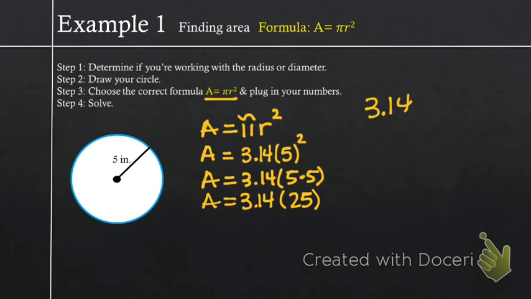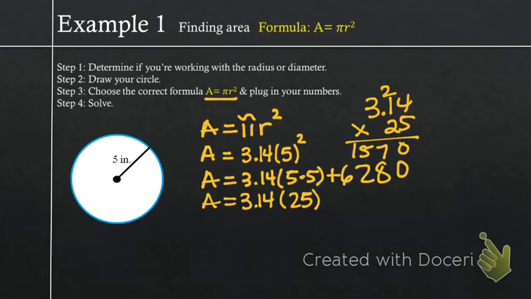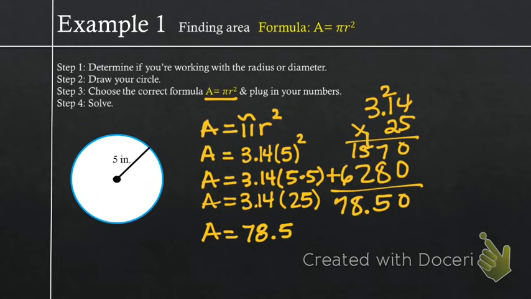So 3.14 times 25. There are 2 behind the decimal places, so our answer should have 2. So I have 78.5 inches squared. Since we're dealing with area, your answers will be units squared. So do not forget your units, and do not forget the squared in your units.